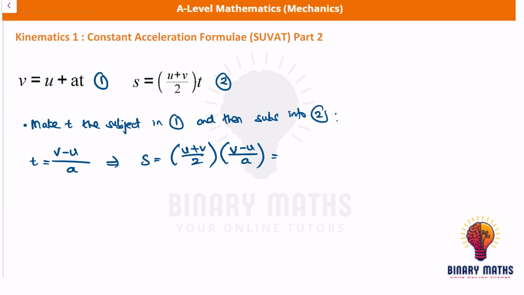If you expand the top, you get uv minus vu, so they cancel. All that you end up getting is v squared minus u squared on top, and the bottom you get 2a. If you rearrange, you get 2as = v squared minus u squared, by multiplying both sides by 2a. Then if you add u squared to both sides, you end up getting v squared = u squared + 2as. So that is equation 3.